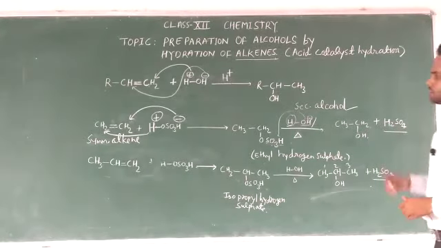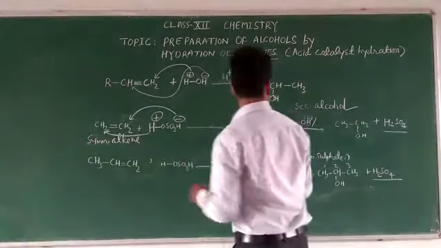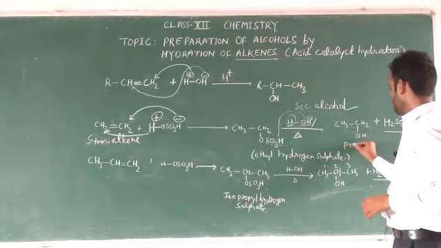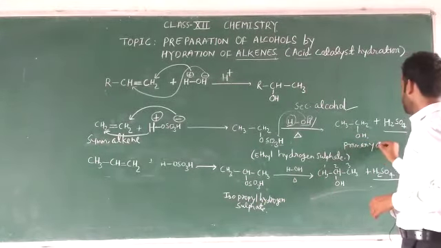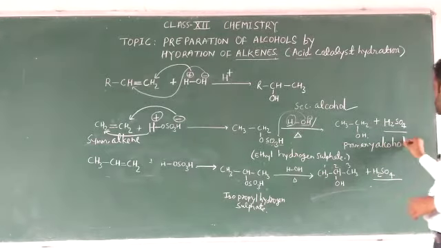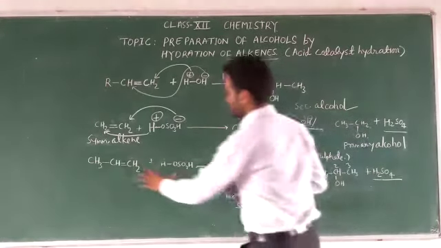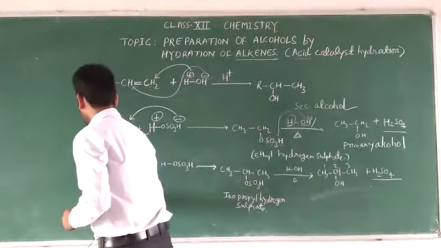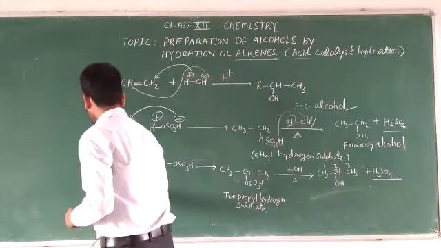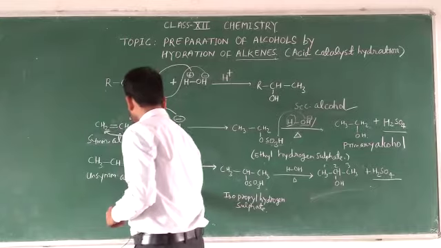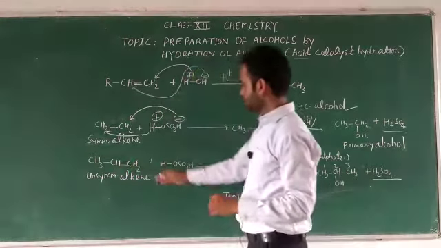Another example we are having is an unsymmetric one. Here we get a primary alcohol. Now in this example we are having an unsymmetric alkene.